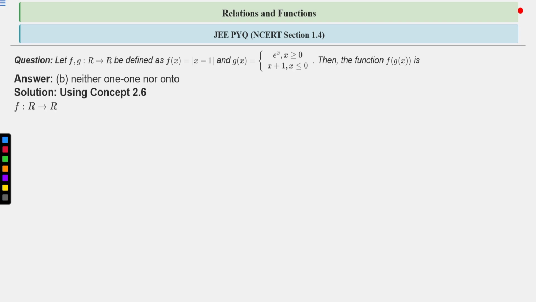f is defined from R to R, all real values to all real values. So f(x) will be equal to mod of x minus 1, right? So f of g(x) will be equal to mod of g(x) minus 1.